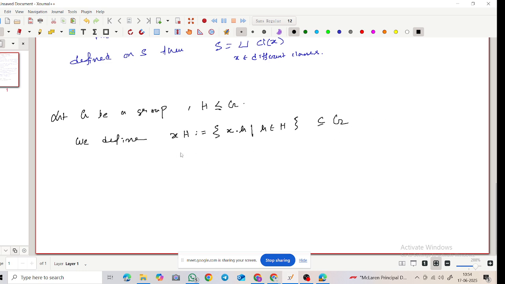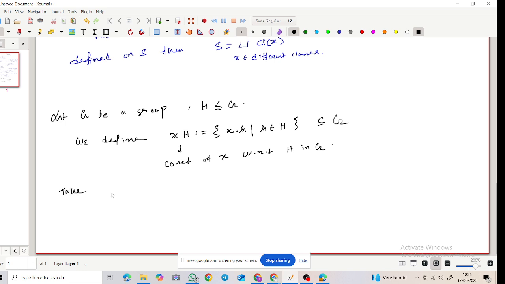This is called the coset of x with respect to H in G. We are taking H and left multiplying it by x.